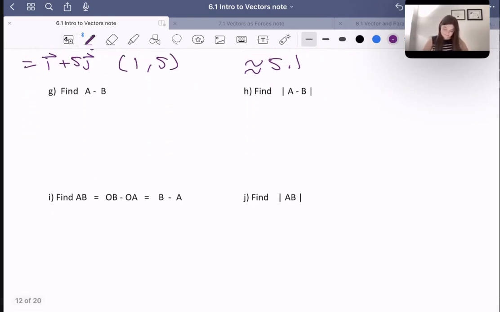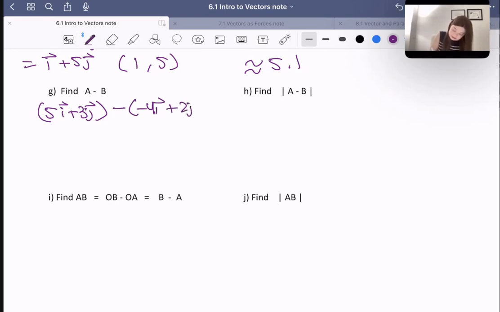Okay, let's continue. So here we have 5i plus 3j, and then we have minus negative 4i plus 2j. This time we're subtracting it. So here we have 5i plus 4i plus 3j minus 2j, right?